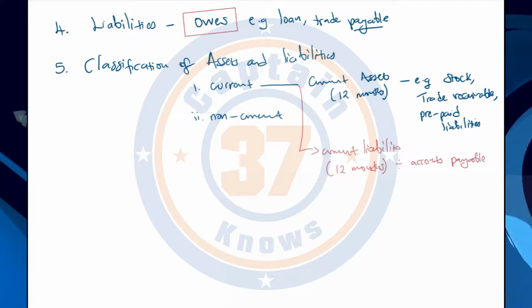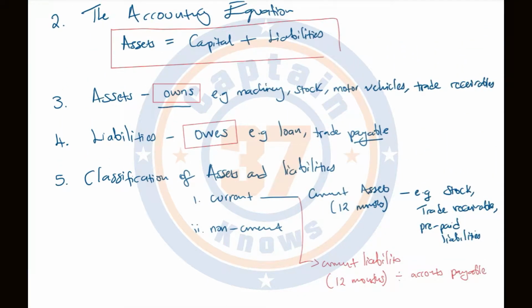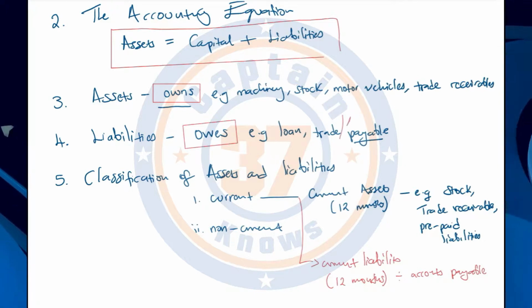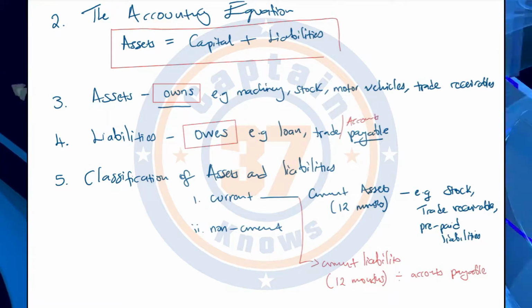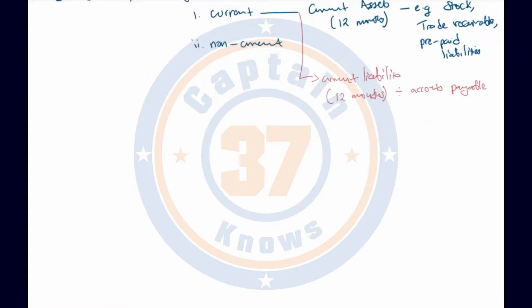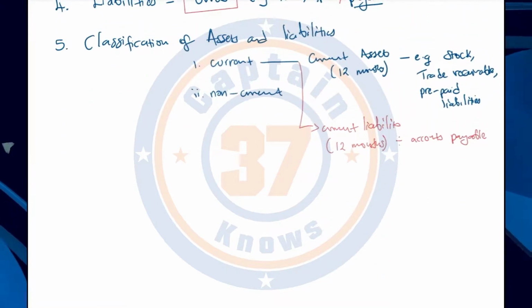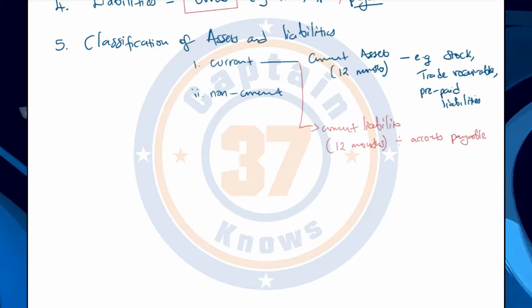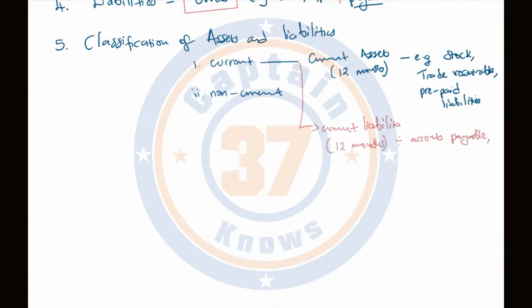I did explain accounts payable, right? I said trade payable, accounts payable. That's an example of a current liability. Not just this, there are others.